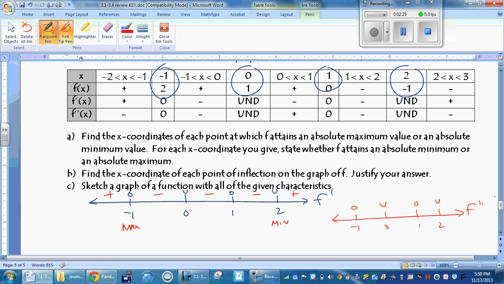If you want to fill in the spaces in between with the information given to us, it's going to be second derivative is negative or concave down for f, negative, positive, negative, negative. So remember, when the second derivative changes from negative to positive or positive to negative, we have an inflection point. So there are two inflection points for this one, at 0 and at 1.